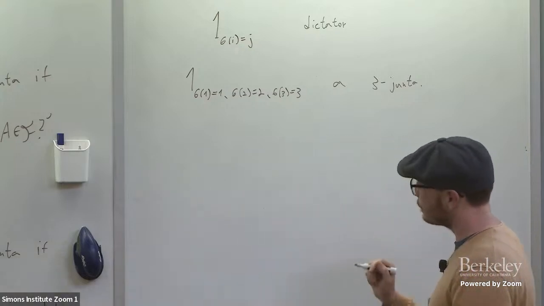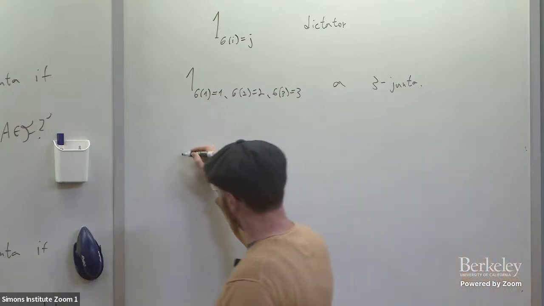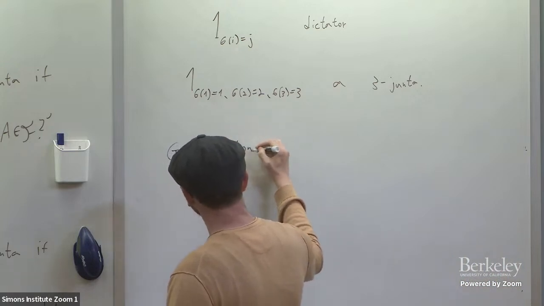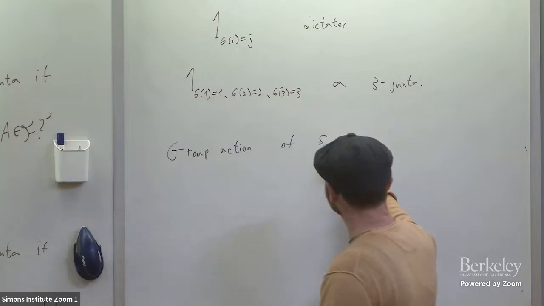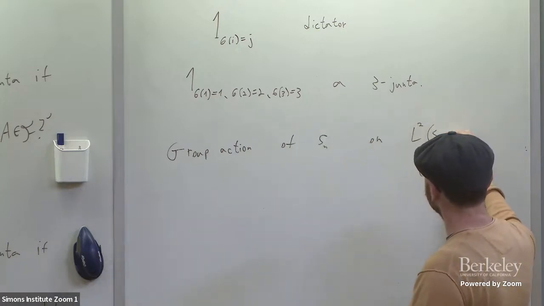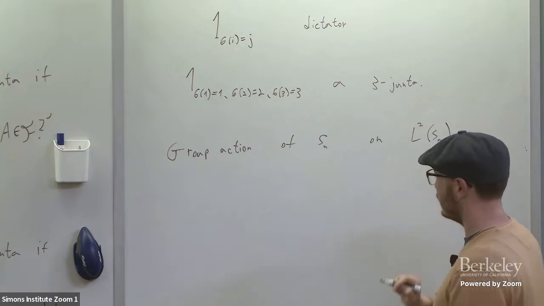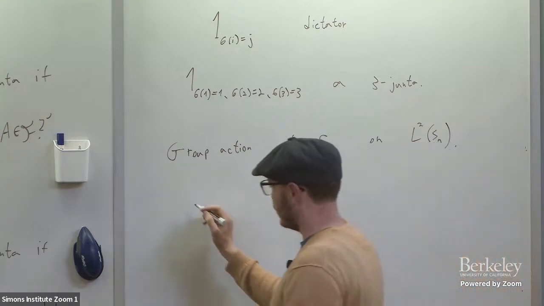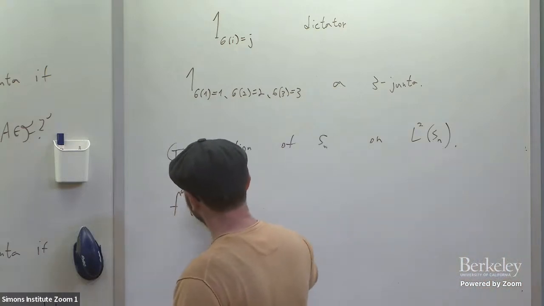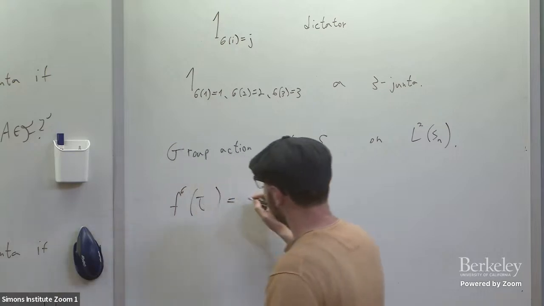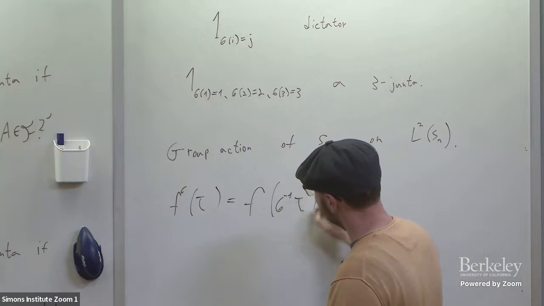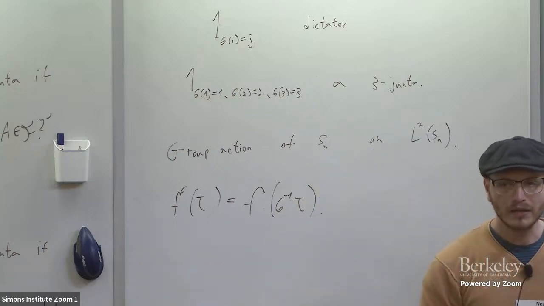So if we have a group action of S_n on L2 of S_n, the space of real-valued functions on S_n, we can let sigma of f at tau be f of sigma inverse of tau. So that's the group action.